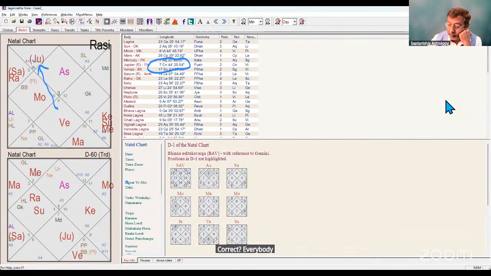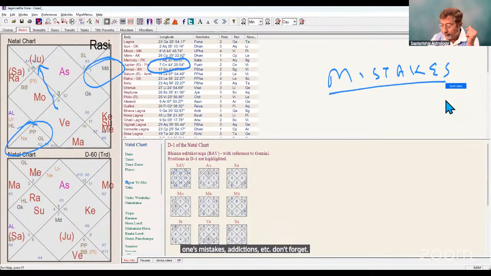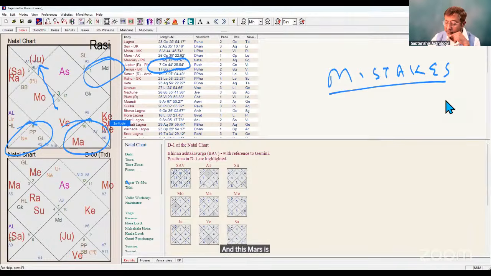And also the 6th lord of fighting, one's mistakes, addictions, etc. Don't forget. And this Mars is in the 8th house of bankruptcy, depression, this, that, etc. Inheritance, property.